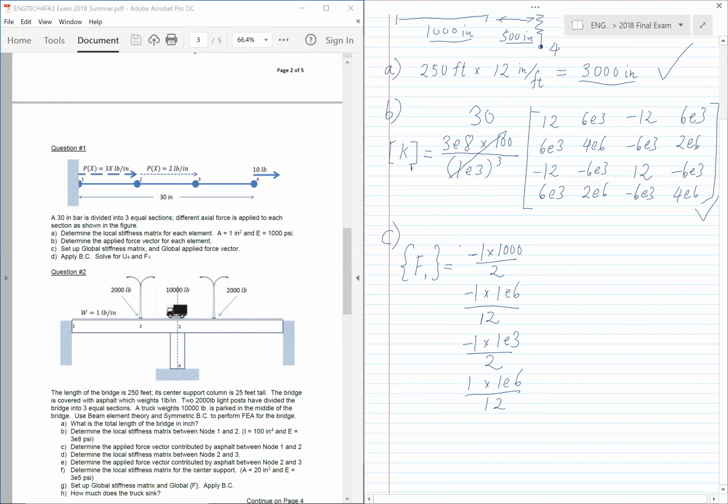Okay, when you deal with finite element problems, you've got to be very detail oriented. Do not skip any sign, and also the worst thing to do is be nervous. Do not be nervous, calm down and attack the problem one at a time. 500, negative 1e6, negative 500, and then plus.